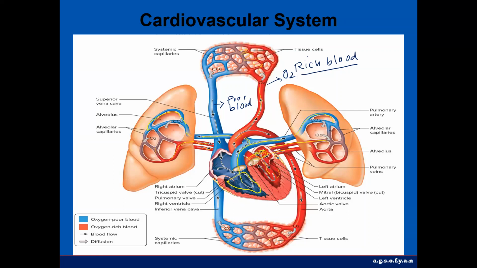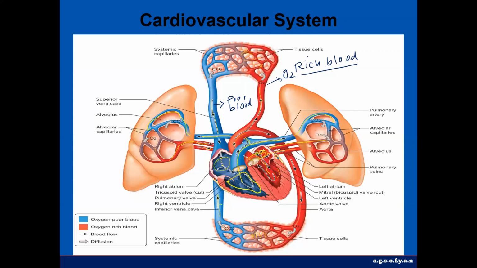Inside each organ, there will be capillaries, and the oxygen in the rich blood will be used by the cells in our organs, and then it will return back using the veins, from the bottom side and the top side of our body. All of them will go back to the right side of the heart.